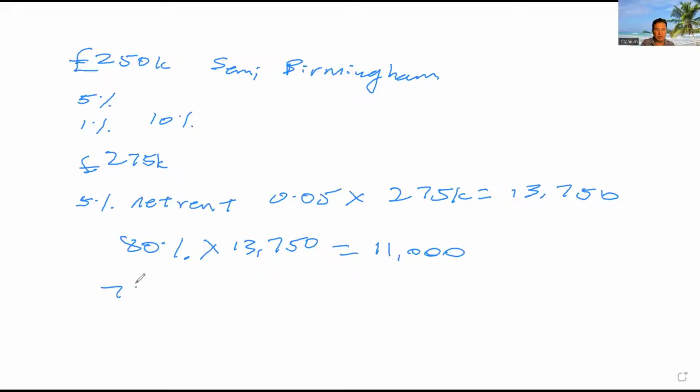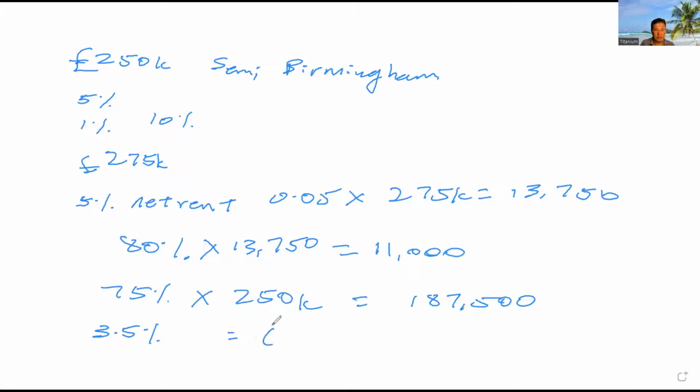Now, if you take a 75% loan to value ratio on the purchase price of 250,000, your mortgage is 187,500. If previously the interest rate was 3.5% on an interest only mortgage, you're going to pay 6,562.5.